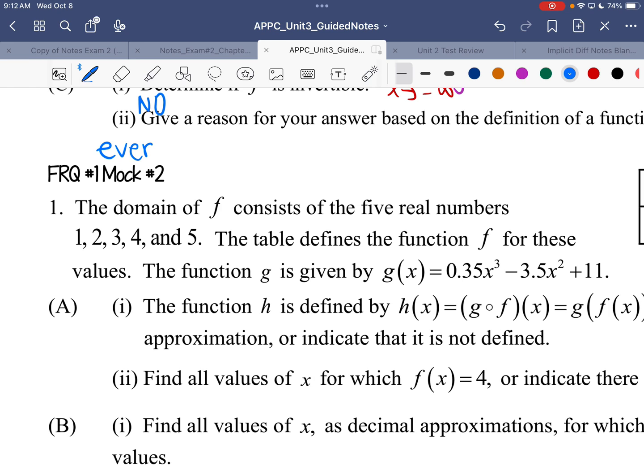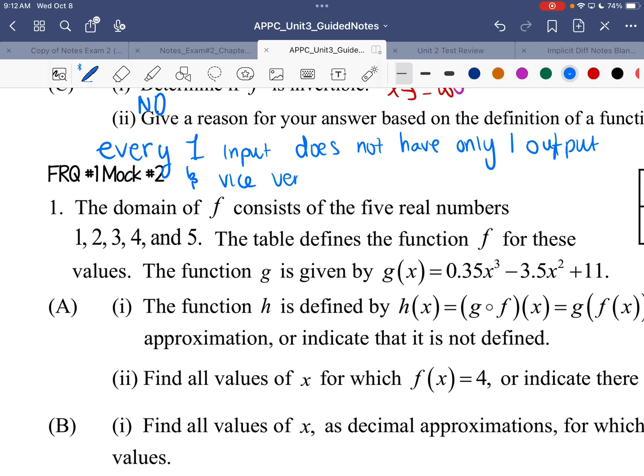You have to say every one input does not have only one output. And you can put and vice versa, I guess. If you feel so called, you can say, for example, x equals -2 and 4.